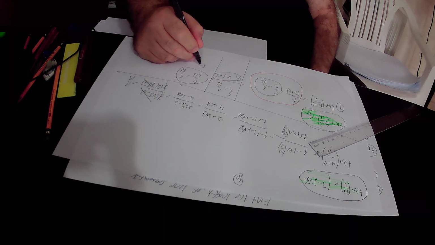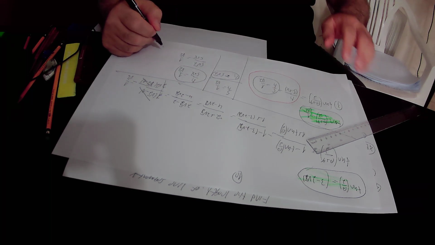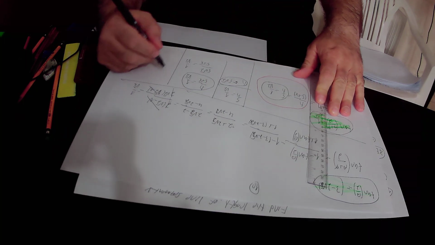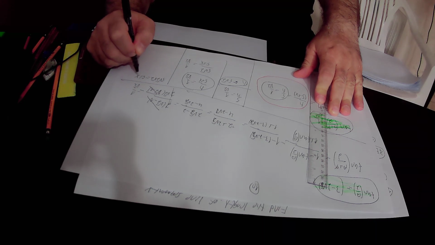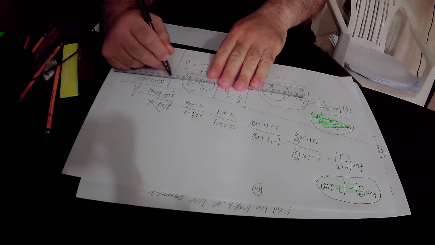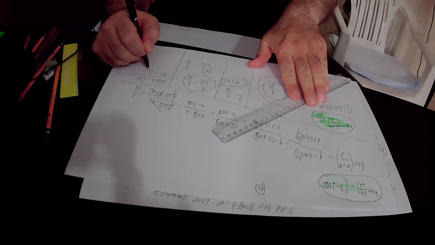We will get that 5 times square root of 2 over 5 plus x equals 1 over square root of 2. Here we will cross multiply this equation, and we get that 5 times square root of 2 times square root of 2 equals 5 plus x. Square root of 2 times square root of 2 is 2, and 2 times 5 is 10. So 10 equals 5 plus x.